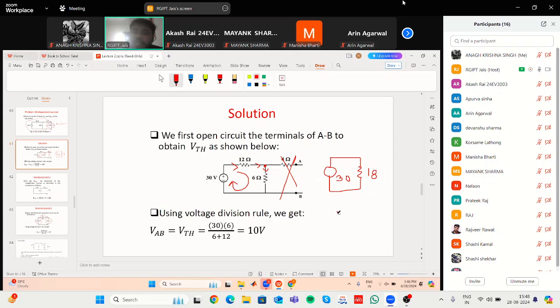So what will be the net current flowing? That is I. I will be equal to 30 by 18. This much amount of current, or it has been given here.